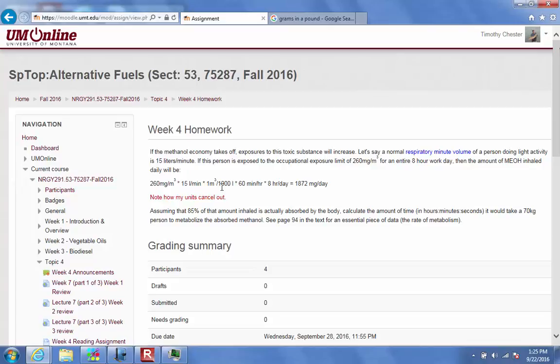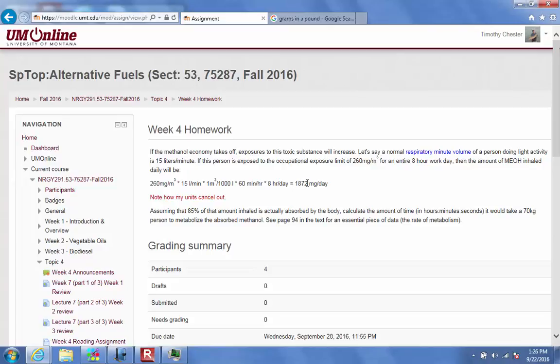We need to get our liters over to our cubic meters. We got to get those canceled out. So we have 1 cubic meter over 1,000 liters. That's going to cancel those out for us. Our cubic meters will cancel out. We know there's 60 minutes in an hour, and there's 8 hours in a day.